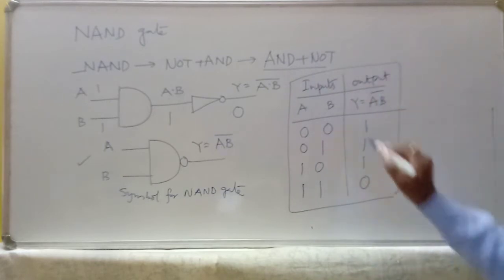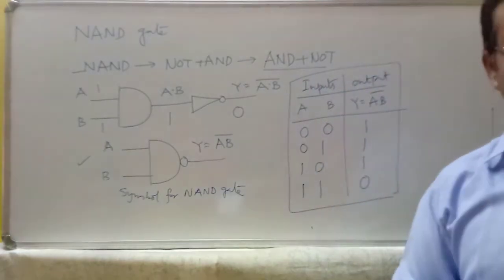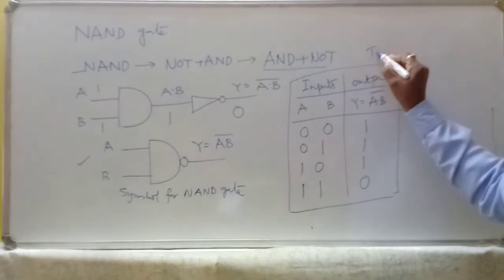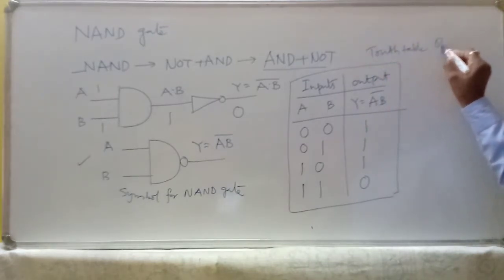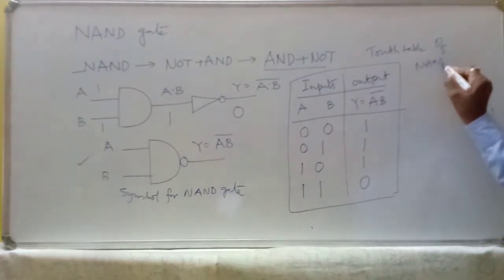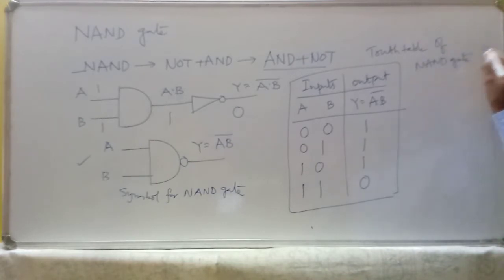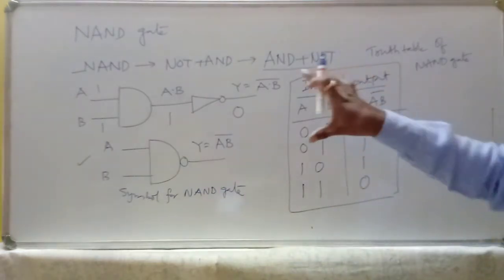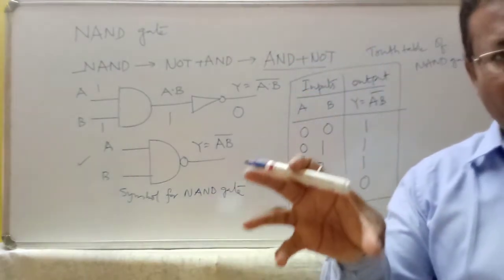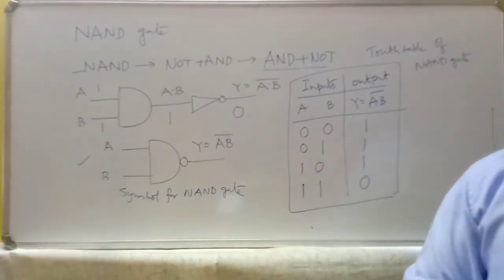This is the truth table of the NAND gate. So the NAND gate is the complement or inversion of the AND gate.